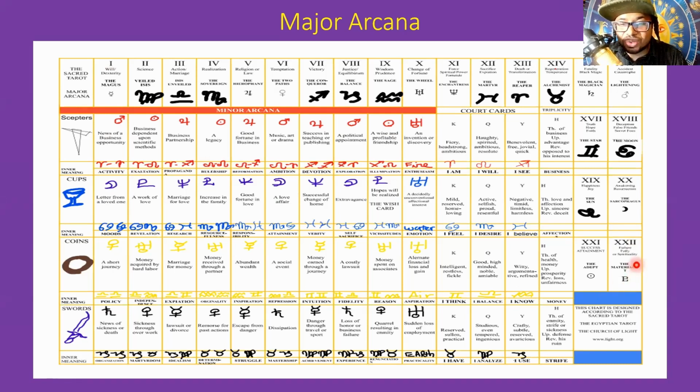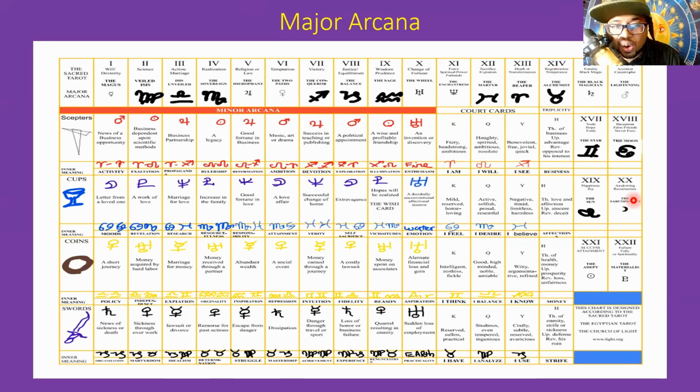And remember, 22 also becomes 0, and we'll explain that as we go forward. So the major arcana, you have 1, 2, 3, 4, 5, 6, 7, 8, 9, 10, 11, 12, 13, 14, 15, 16, 17, 18, 19, 20, 21, and 22.